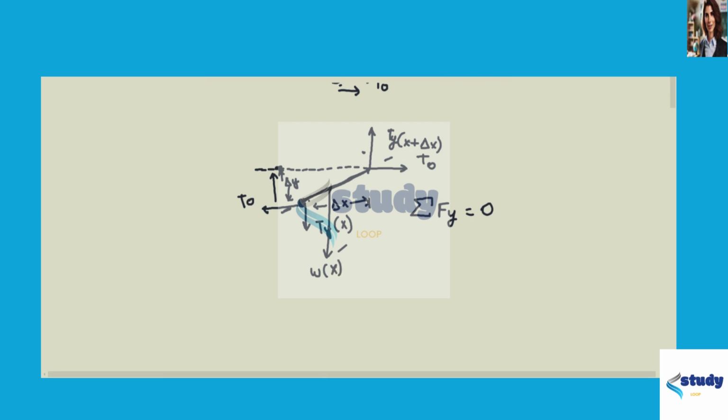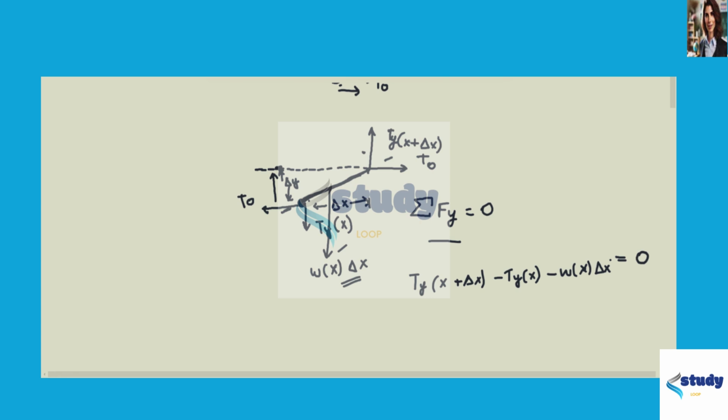So this elemental portion of the cable will have weight equal to Wx into delta x. So let's write the equilibrium equations. So we get Ty at x plus delta x minus Ty at x minus Wx delta x. We are taking the upward direction as positive and the downward direction as negative. So the sum of these should be equal to 0.